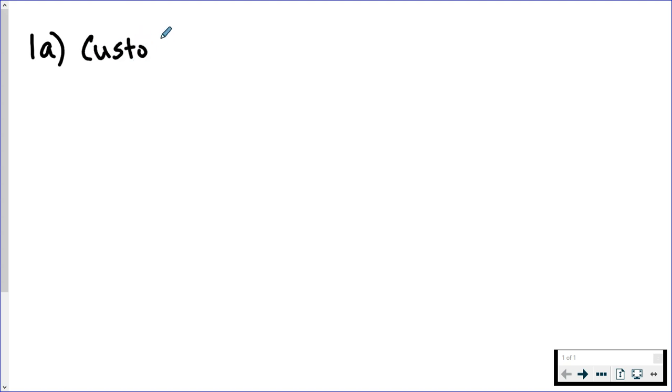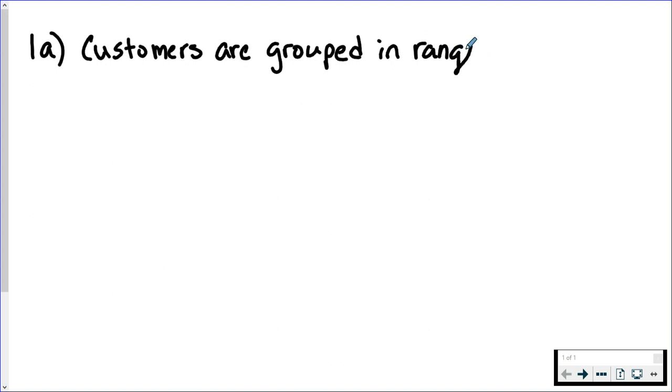Whenever we have groupings, we don't know exact values, so we don't know exactly how much each customer spent. So exact amounts are not known.